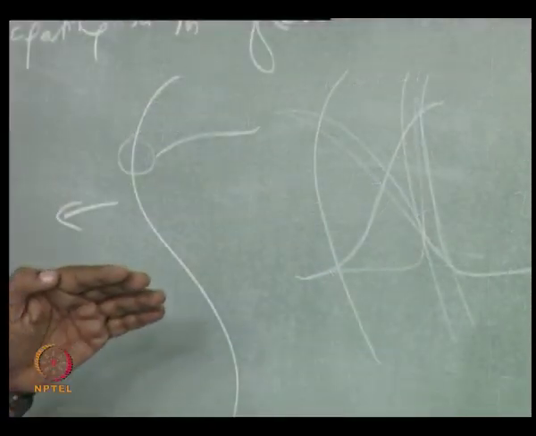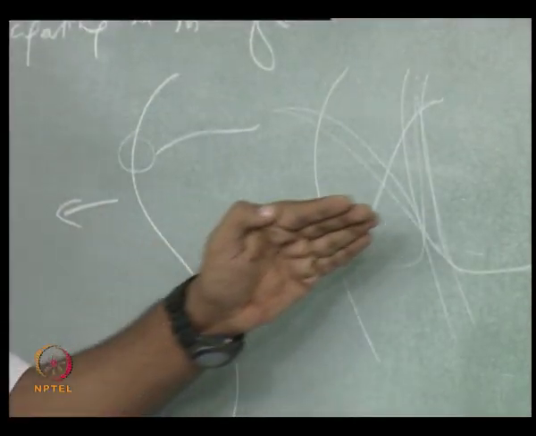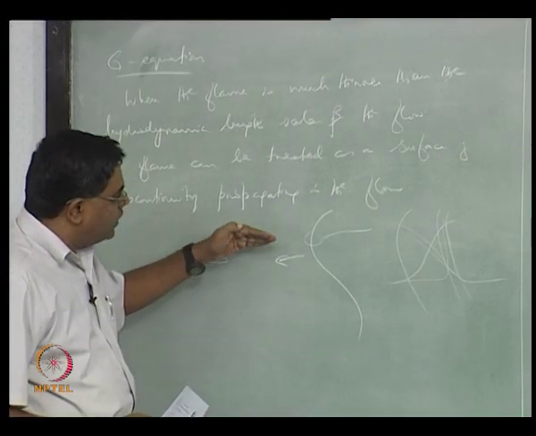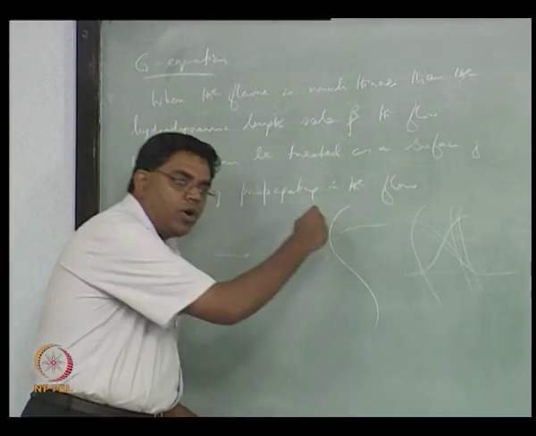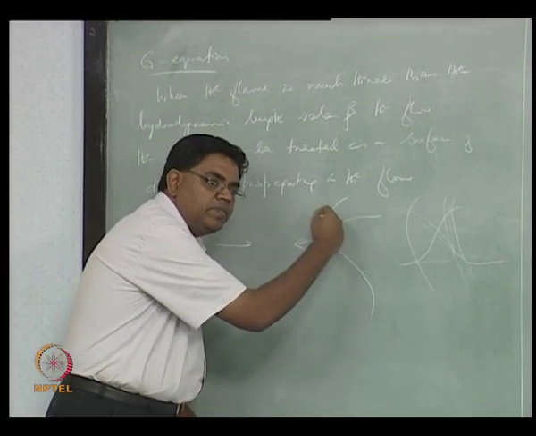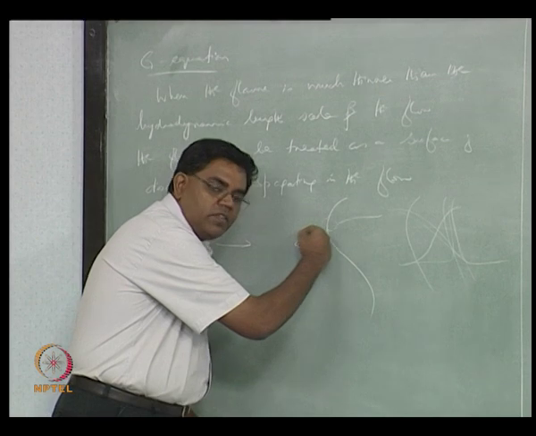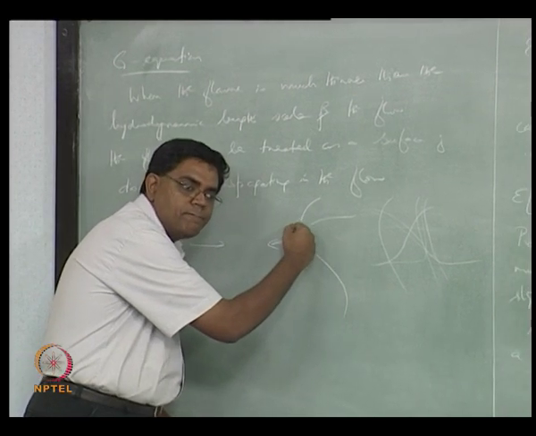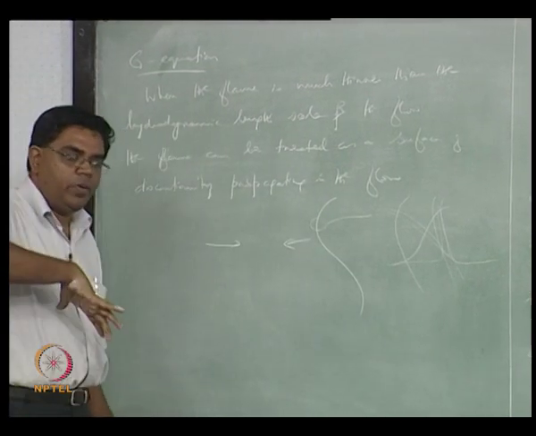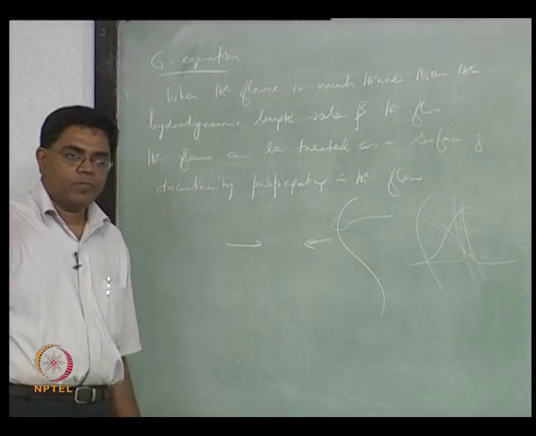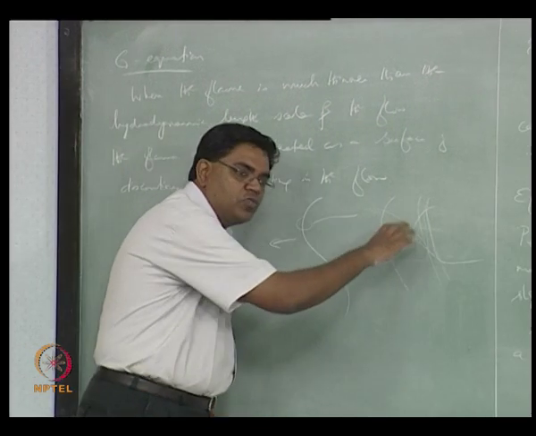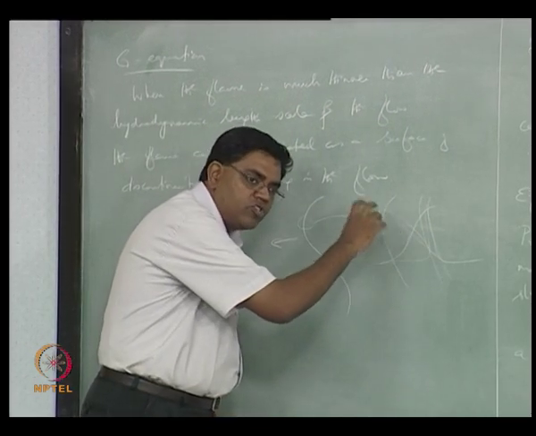So it's almost like locally one dimensional. When you say locally one dimensional, that means the flame is trying to propagate with its flame speed normal to itself. So the flame could be curved, that refers to the flame shape, whereas what we have been talking about so far is what is called the flame structure.